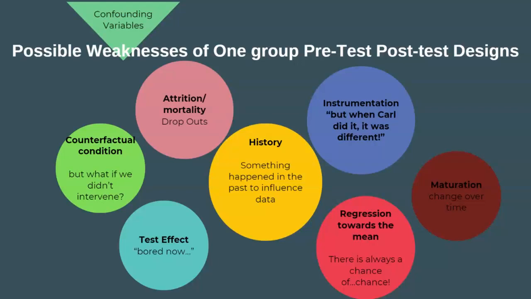Things can change over time naturally. People's opinions can change, whether it's due to your intervention or not. That's an example. Okay, people can acquire skills separate to your intervention, for example. Things can happen to people in their lives.